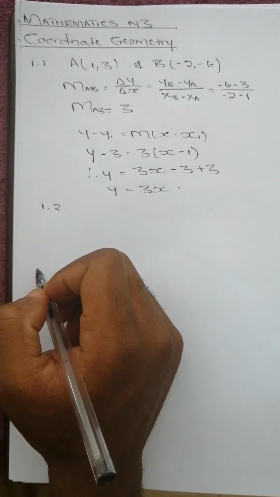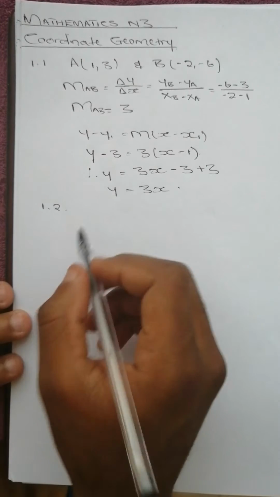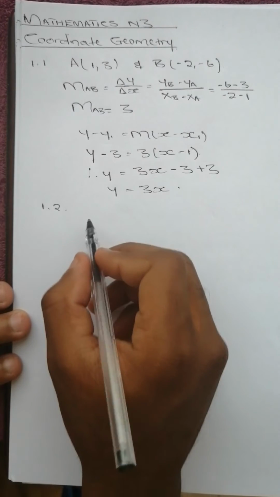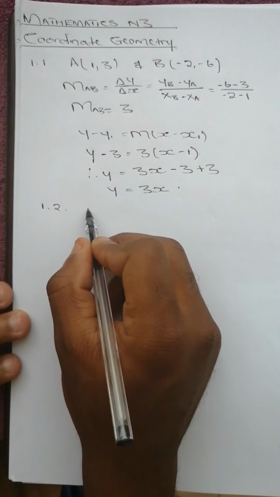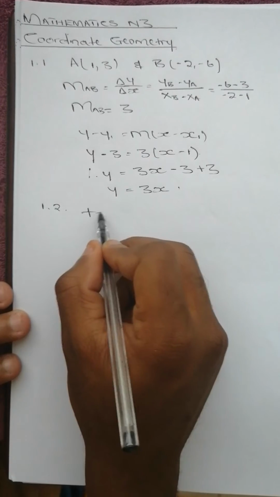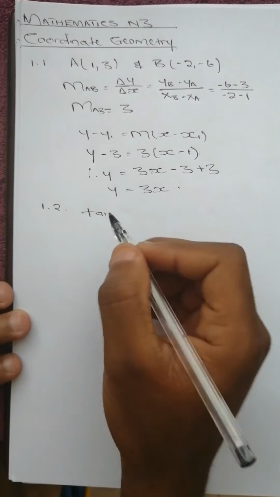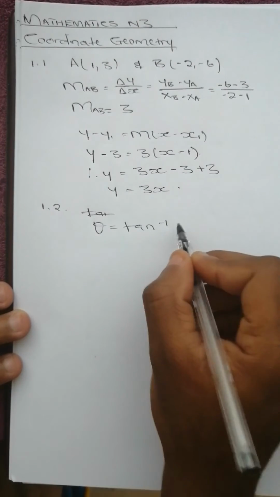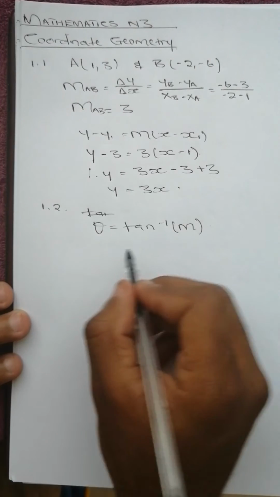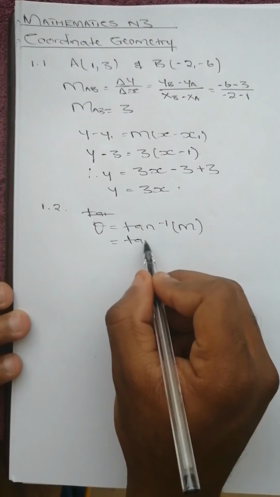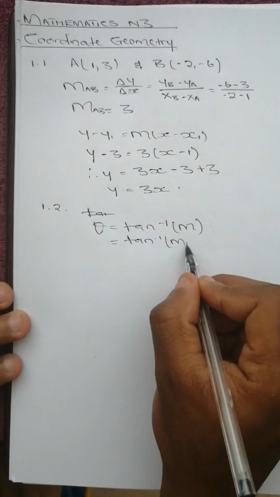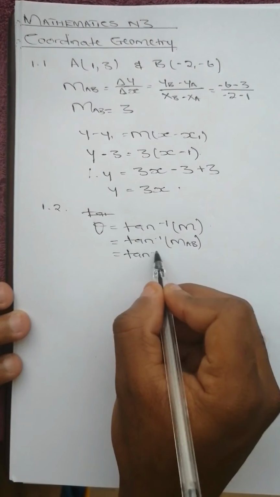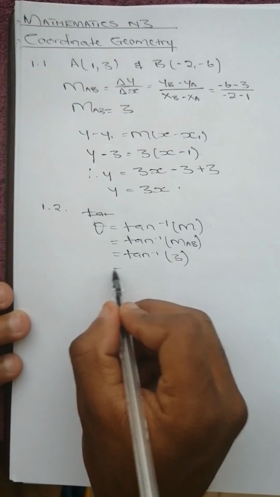1.2 says the angle of inclination in degrees of the line in question 1.1, and we know that tan theta equals m, so theta equals tan inverse of m_AB, which is tan inverse of 3.